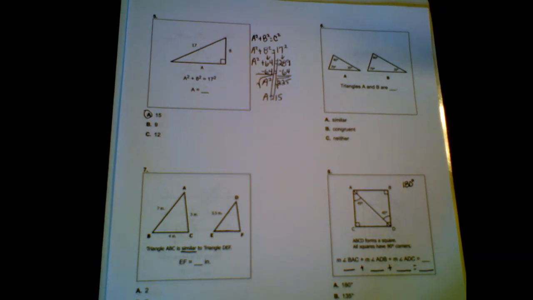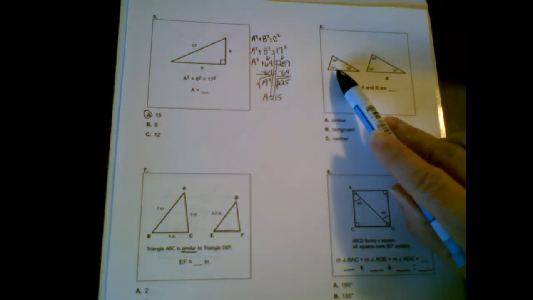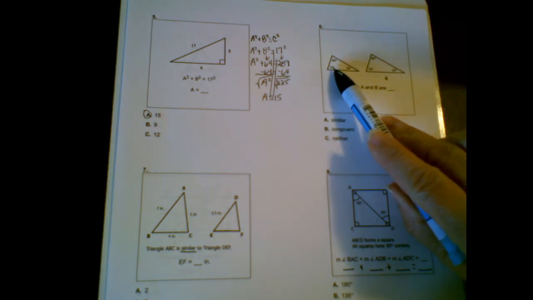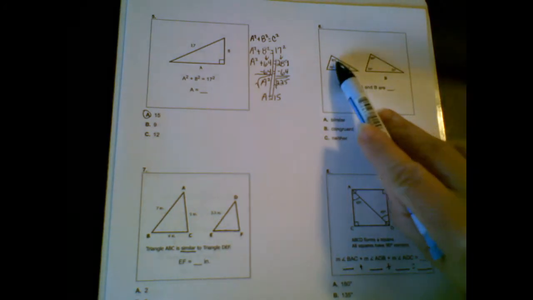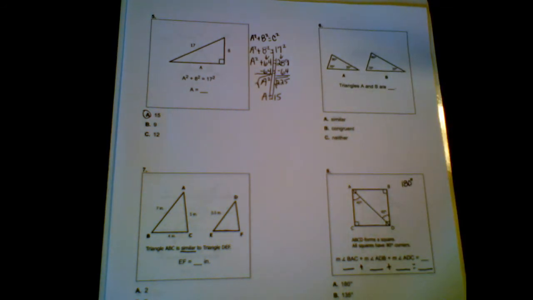For number 6, we have 2 triangles. We can tell by looking at them that they're not the same size, but we can look at the angles to tell if they are the same shape, the same type of triangle. So let's look at our measures of the angles: 70, 70, 80, 80, 30, and 30.